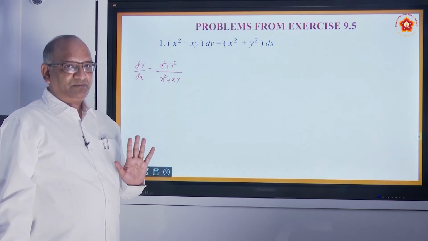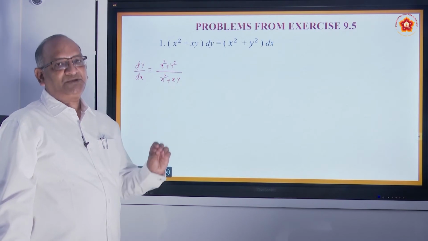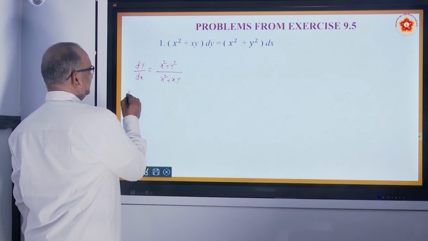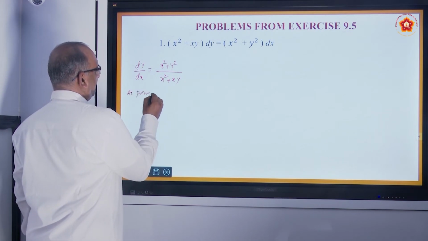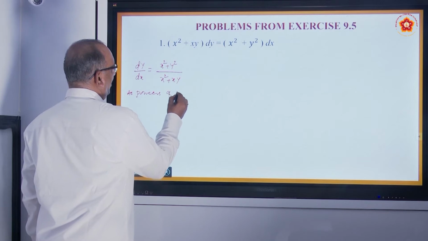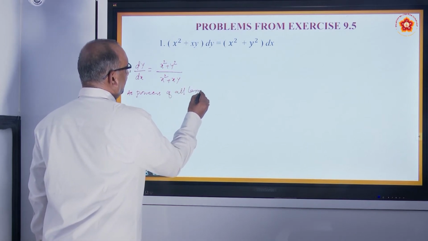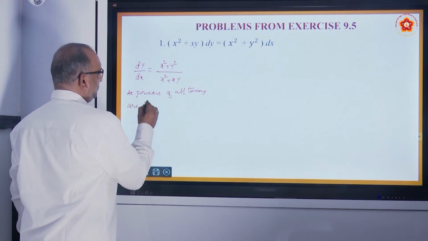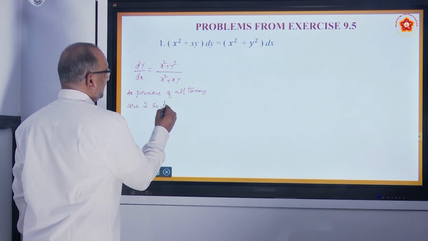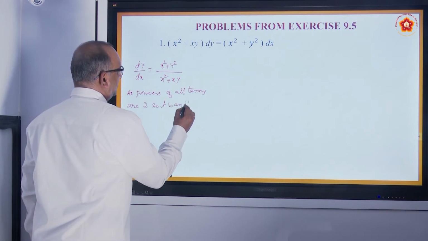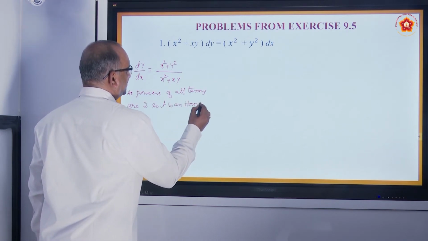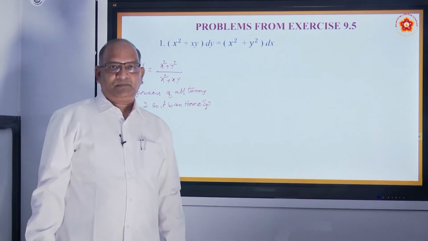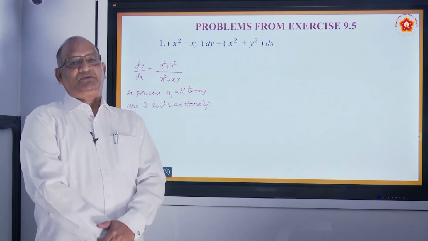So the conclusion is it is a homogeneous equation, as the powers of all terms are the same, 2. This is the first thing which we need to do.